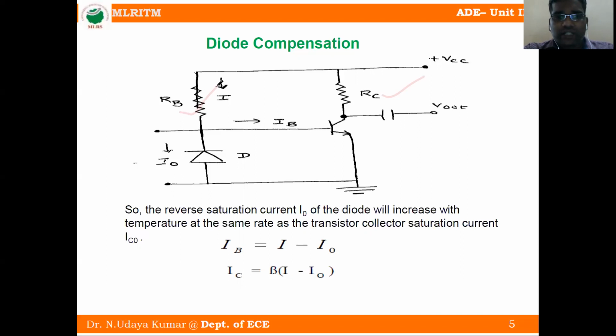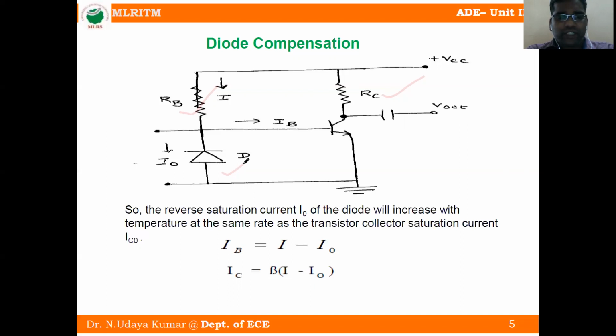The diode is connected across the base and emitter terminals. I0 is the reverse saturation current. Reverse saturation current exists when the diode is operating in reverse bias. So this is the description of the circuit.